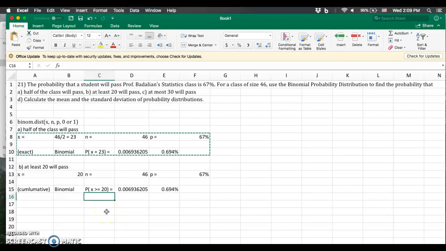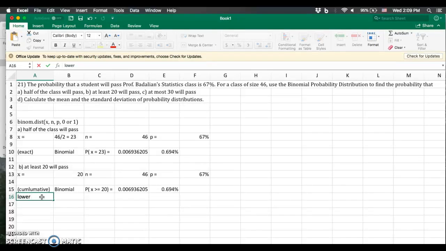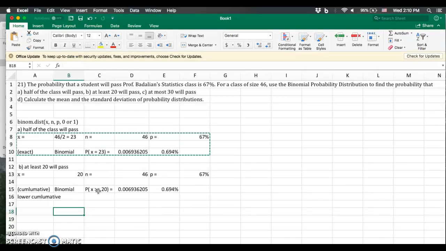For the binomial function, for the cumulative version, you can only calculate the cumulation from the lower part. So for this one, which is the upper part, we cannot do it directly. We have to find the complement.